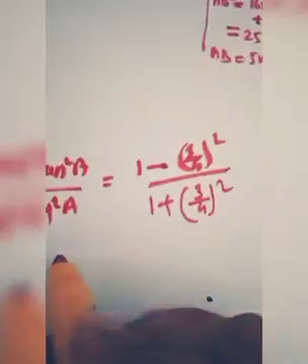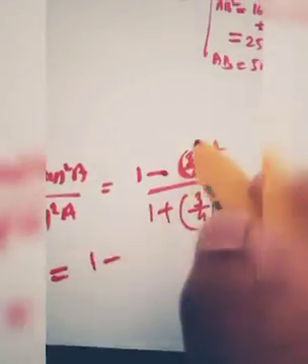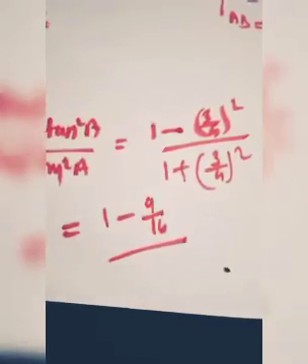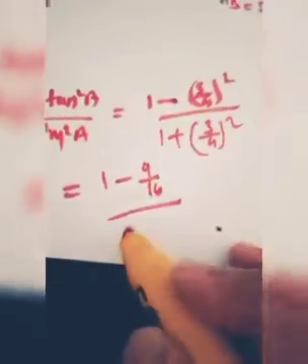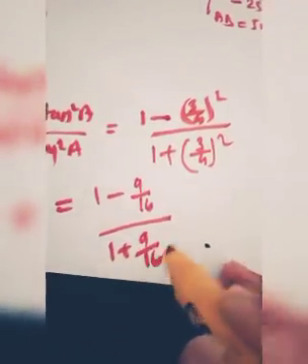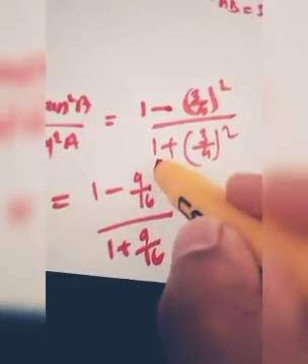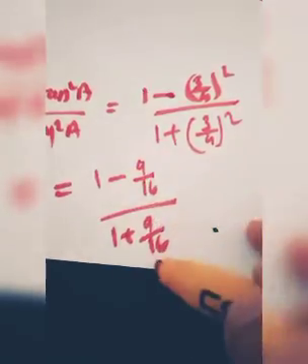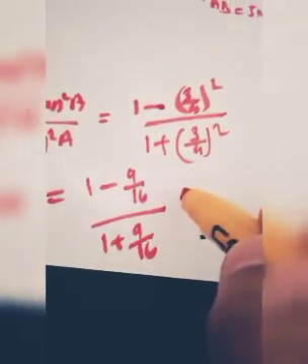It becomes 1 minus, what is 3 square? 9, so 9 by 16. Denominator becomes 1 plus 9 by 16. You are not supposed to cancel in this way because this is minus, this is plus. If it is multiplication you can cancel, but with minus or plus you cannot.